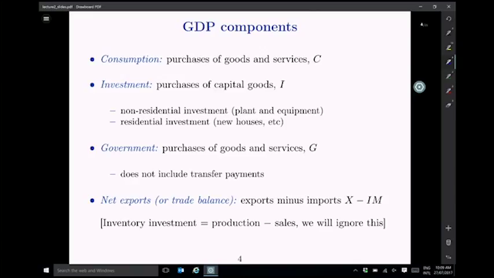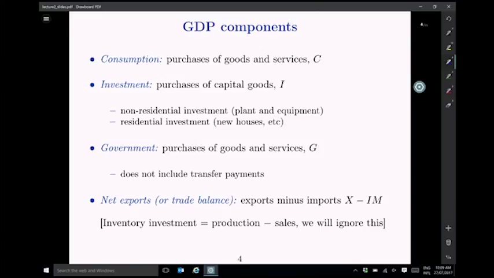And the third component, government purchase. This part is what the government demands. For example, if the government chooses to build a new hospital, a new school, or a new freeway, this will be part of the government purchase. Notice the government purchase doesn't include transfer payments. What is a transfer payment?